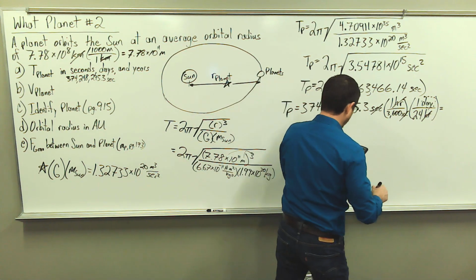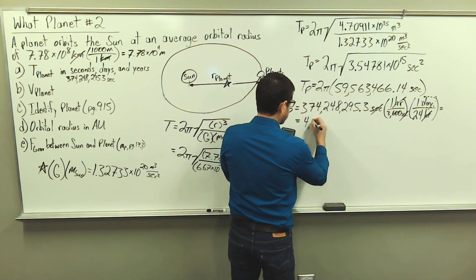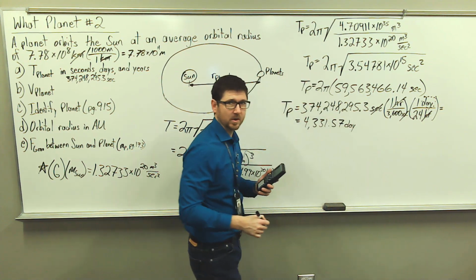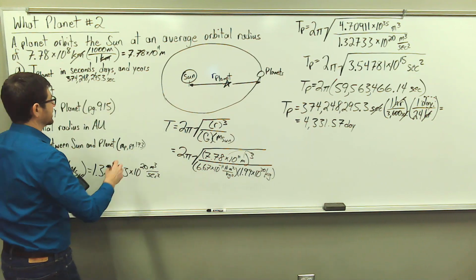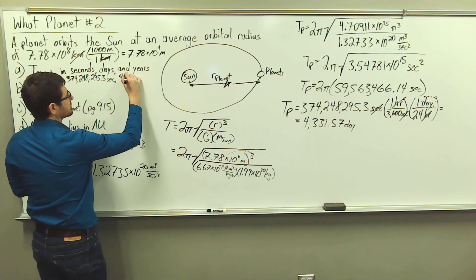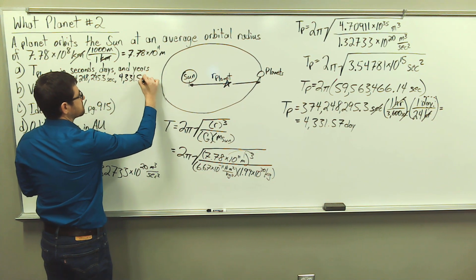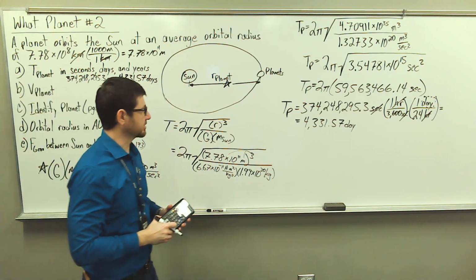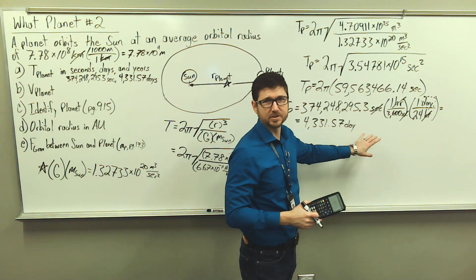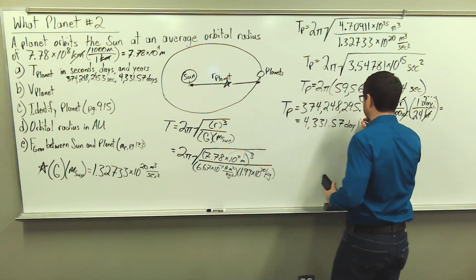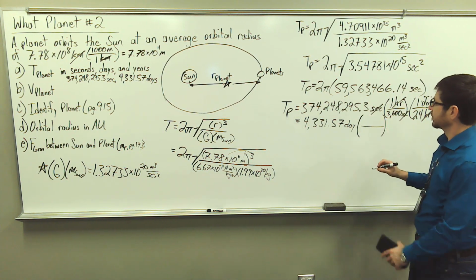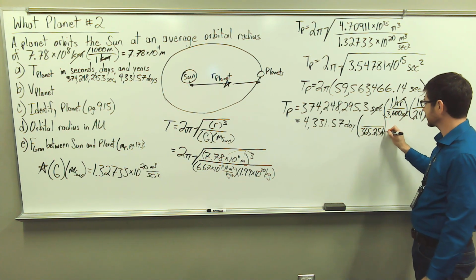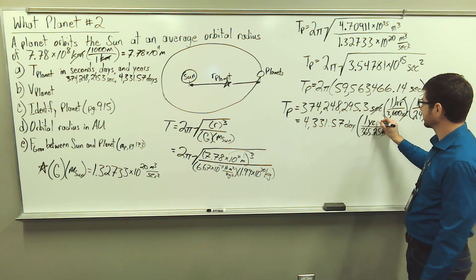And I get 4,331.57 days. Okay, so I'm going to transfer that answer over here. And we have one more step. We need to convert this from units of days to units of years. So we're going to perform some more dimensional analysis. We know that there are 365.25 days in 1 year.